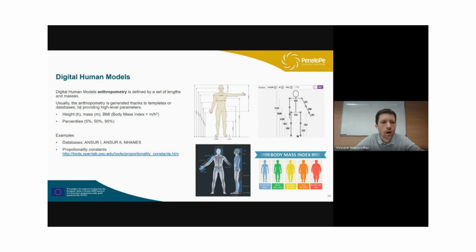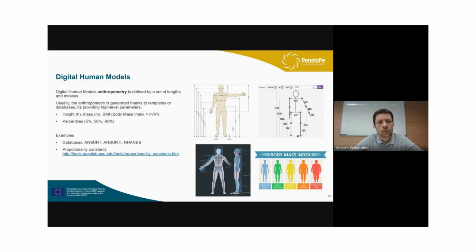Another high-level parameter is the percentile. You would give a percentage like 5%, 50%, 95%. And this percentage defines in which part of the population the human body is put. So 5% means that you are under the 5% of the total human population, so it will give you a small height and a small mass. These are the data you usually give.